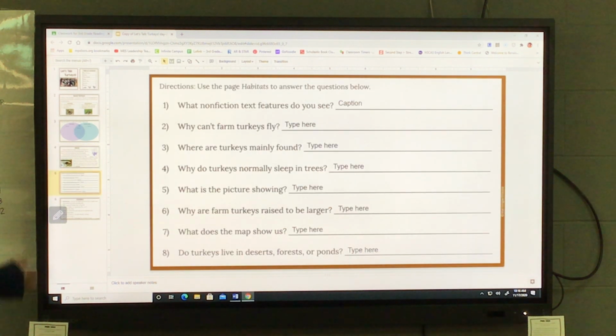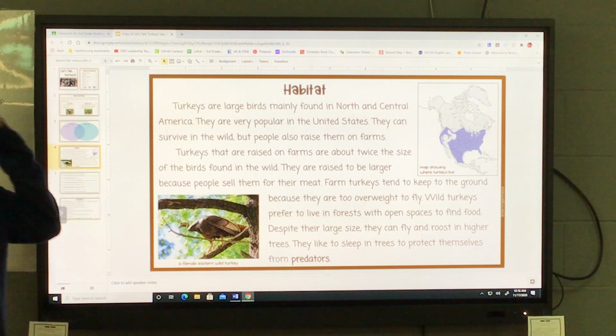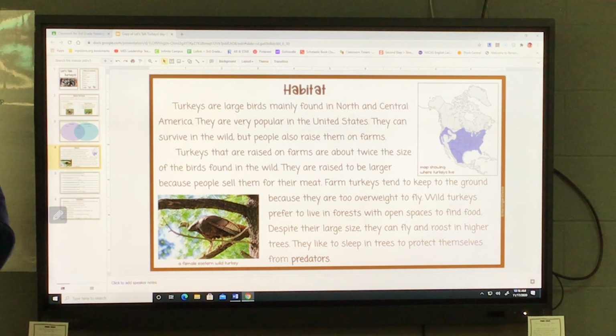All right, then question 5. What is the picture showing? Not the map, the picture. Type what the picture is showing us. We've talked about it. I'm going to see if you were paying attention.